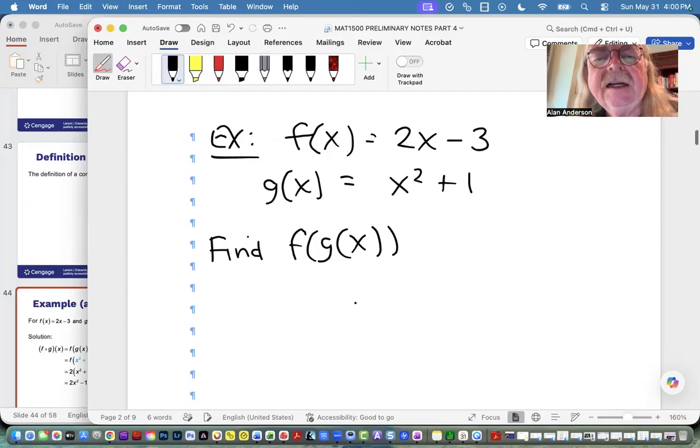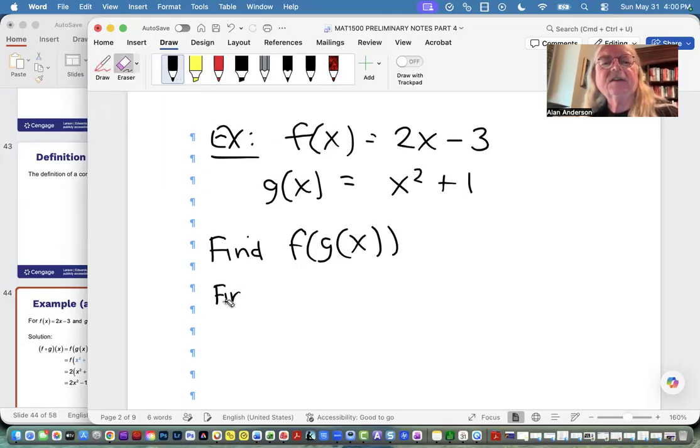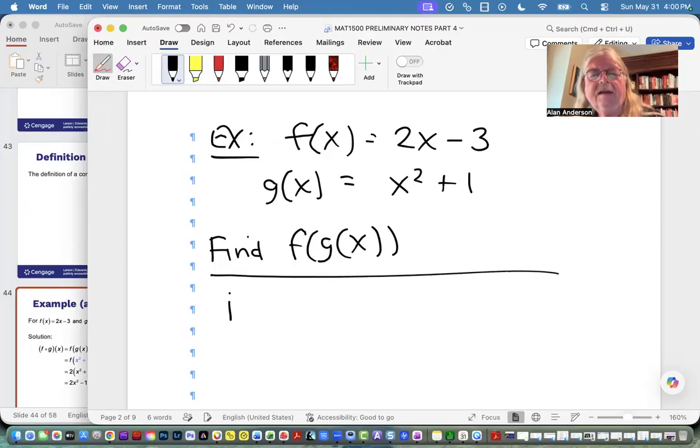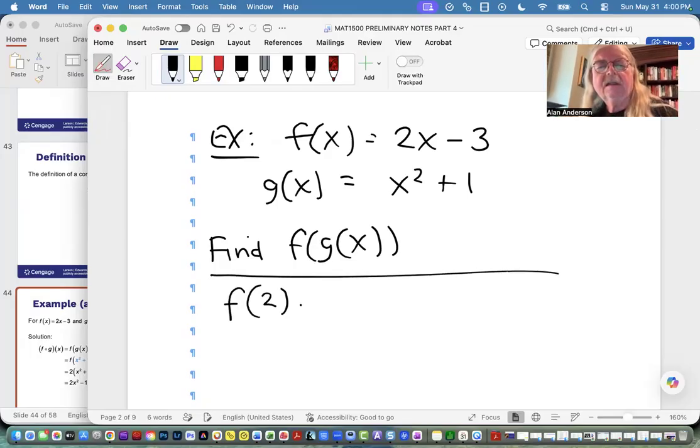Before we do this, I just want to point out, as a side note to help make what's about to happen make more sense, that f of 2 would be found by simply replacing all the x's in f with a 2.